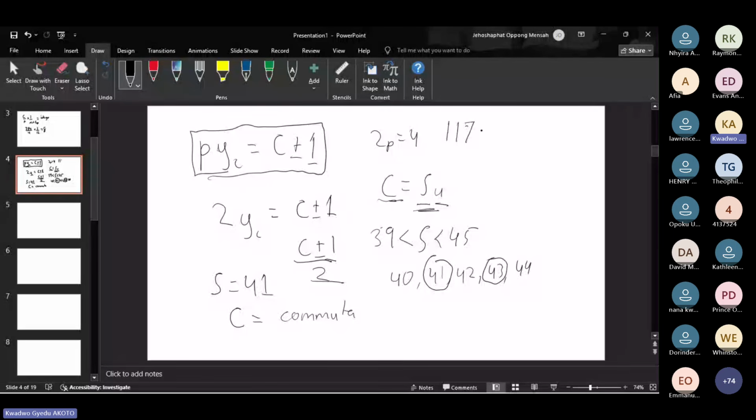right? And from our first solution, we know that C must be odd. So we know that C minimum is going to be 119. And then C max is going to be 133, right?